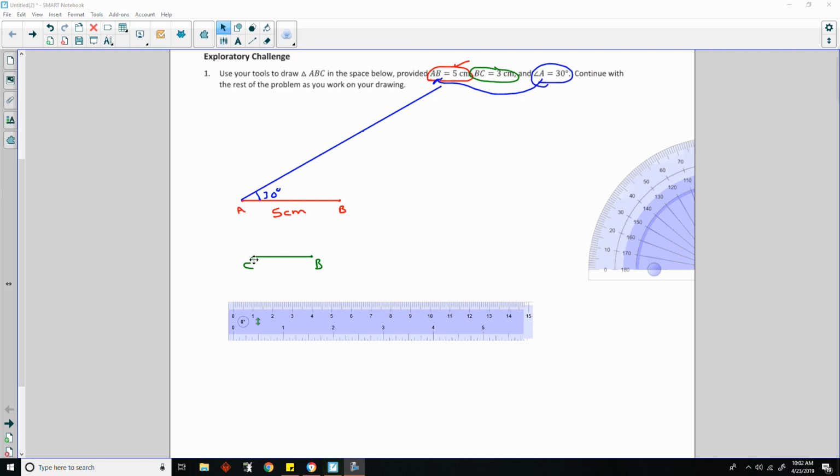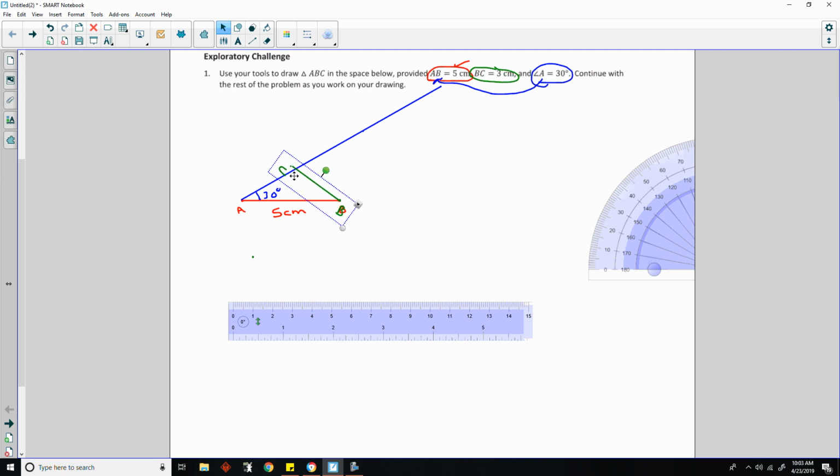Okay, so now what I'm going to show you is that if I rotate this and put B right on B, I've got to find a place where that is going to touch the blue line. This is not easy, by the way, electronically. So if I put that right there, notice it's too long.